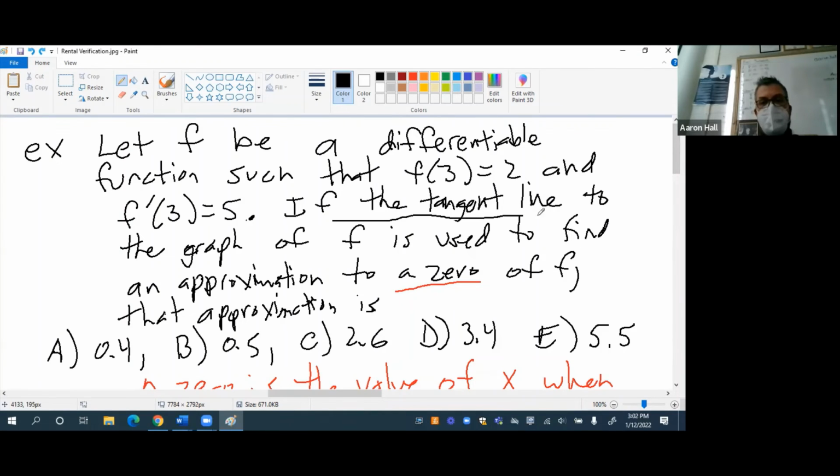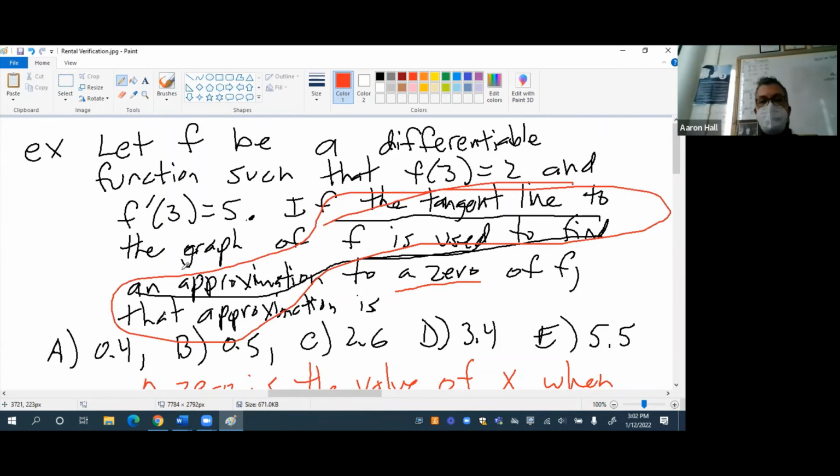If the tangent line to the graph of f is used to find an approximation, that right here should tell us that what we're talking about is linear approximation.